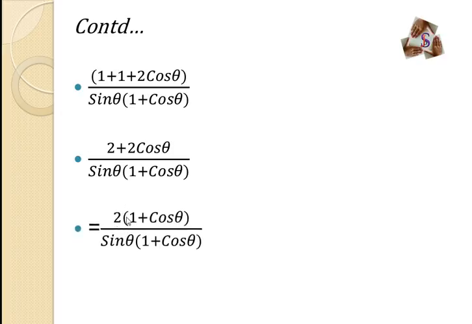So it's 2 brackets 1 plus cos theta, whole divided by sin theta into 1 plus cos theta. Simplifying it further, we get 2 by sin theta, that is equal to 2 cosecant theta. So 1 by sin theta is again a reciprocal identity. So that becomes 2 cosecant theta.